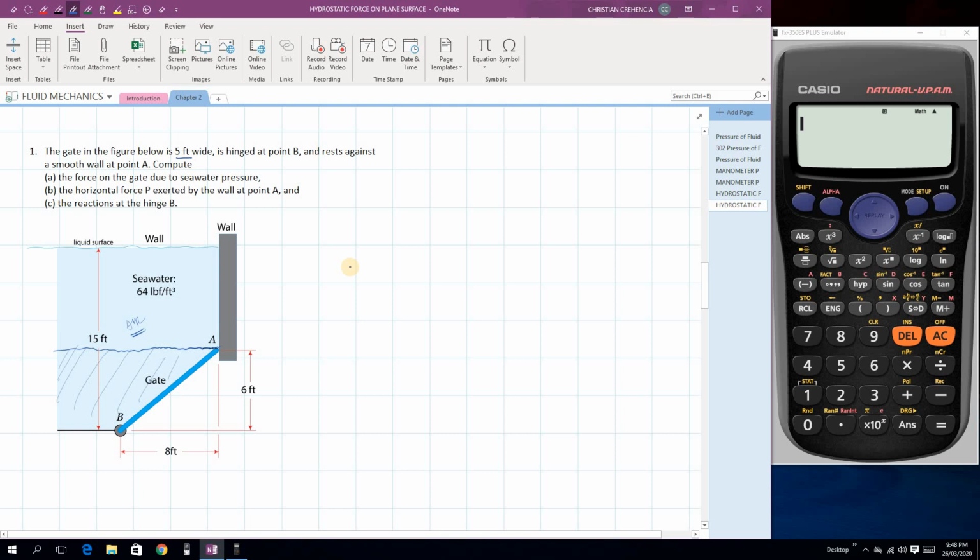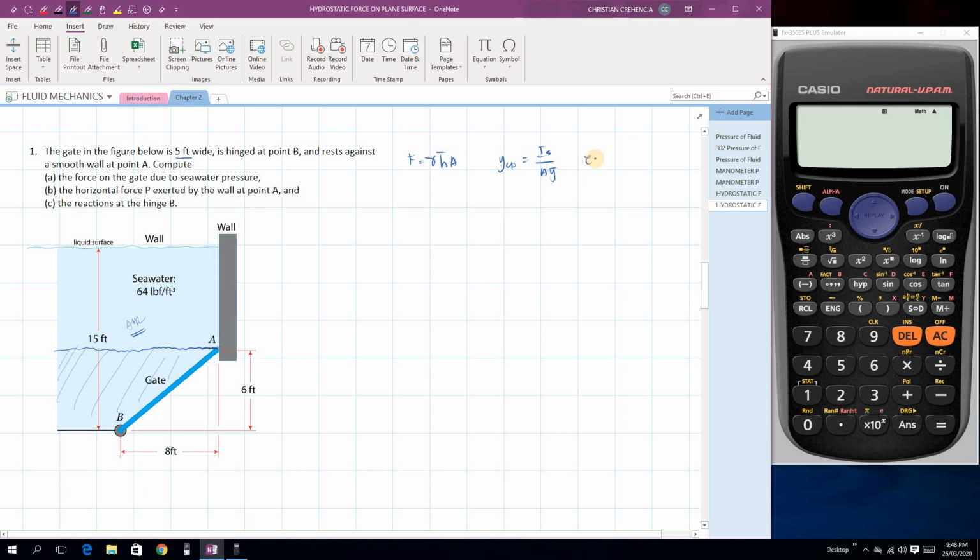So paano natin isa-solve? So, again, ano yung formula? So, formula para sa force natin is gamma h bar, then yung ating area. Then, para sa location nung centroid natin, so yung y, location nung center of pressure, ycp is yung moment of inertia about the liquid surface, is over area y bar.